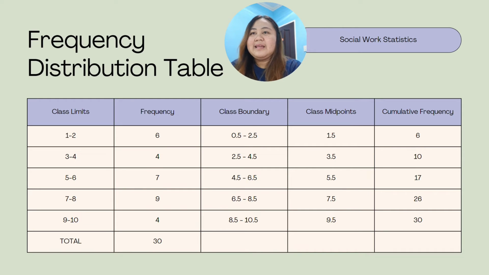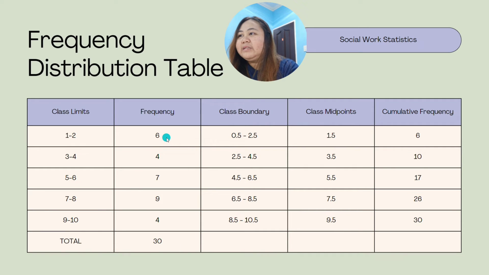And the last is cumulative frequency. So how to get the cumulative frequency? At first row, you will always copy the frequency of the first row.